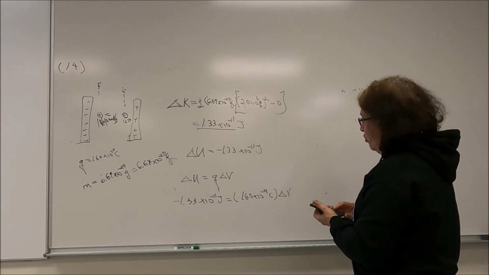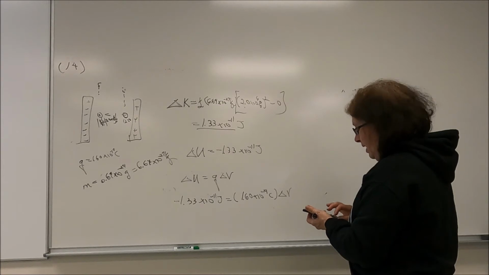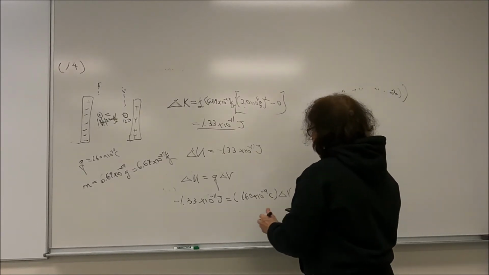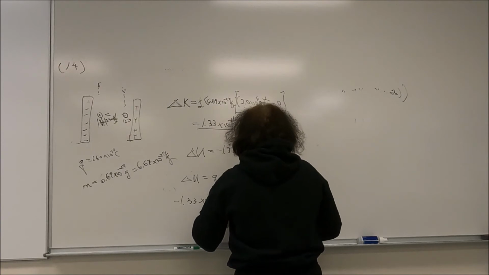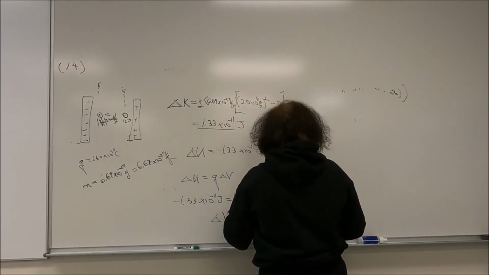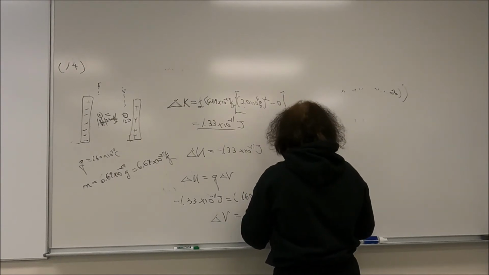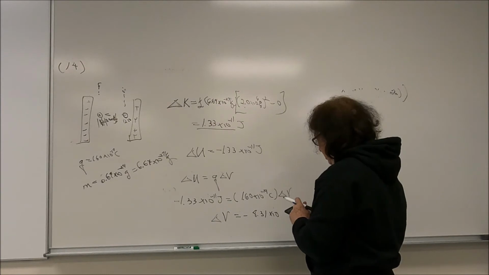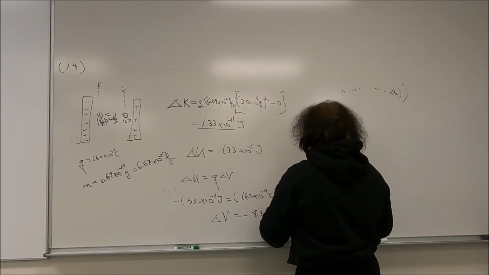Well, it's a positively charged particle. So 1.33 times 10 to the minus 11 divided by that, so the change in potential is minus 8.31 times 10 to the 7 volts.